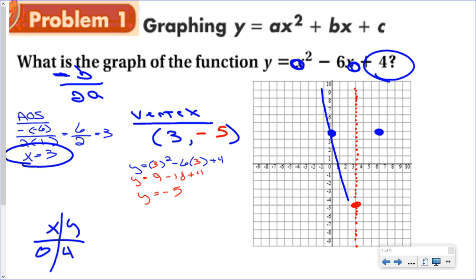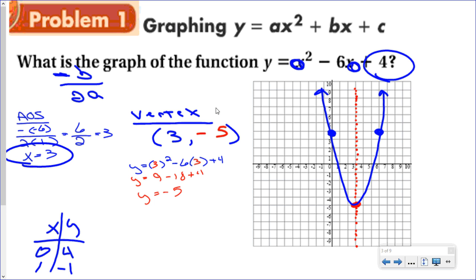Now, one thing I would do in class, and I would do it right now, but I'm running out of space here, is get one more point by plugging in like the number 1 and coming up with another point so you can mirror it over. So it is nice to have 5 points instead of just these 3 right here. If you do plug in 1 into the original formula, you'd come up with -1.